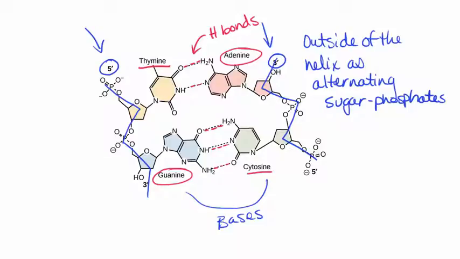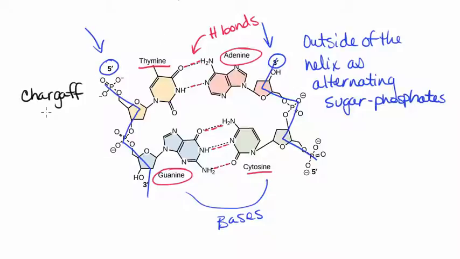Now, before they really knew the structure of the DNA molecule, an individual named Edwin Chargaff looked a lot at the base composition of DNA. So in other words, he studied what the percentages of the various bases were in the DNA of different organisms. And he came up with what we call Chargaff's Rules.